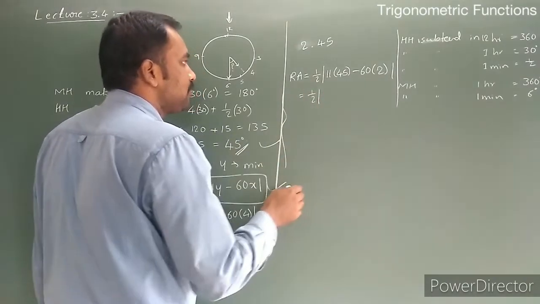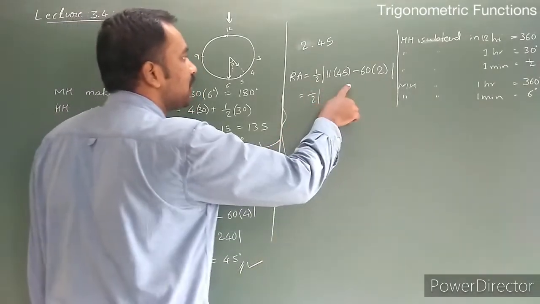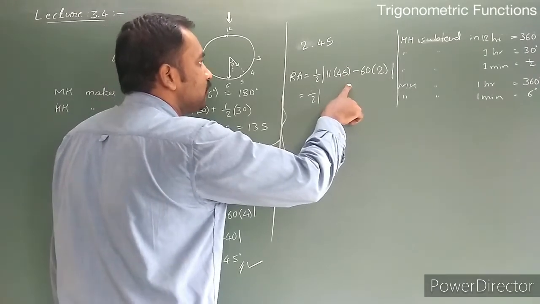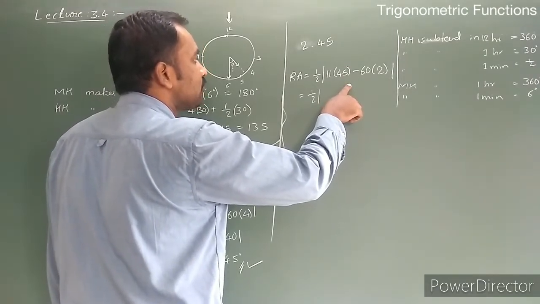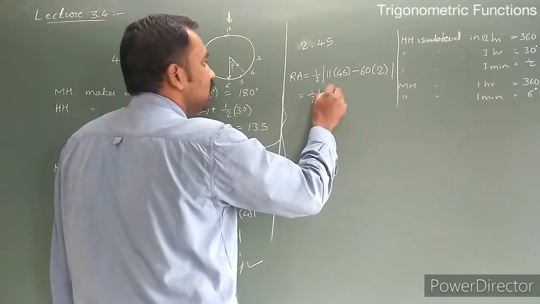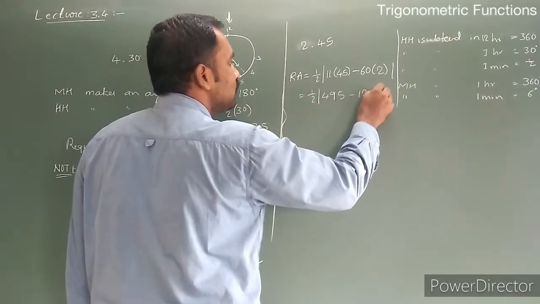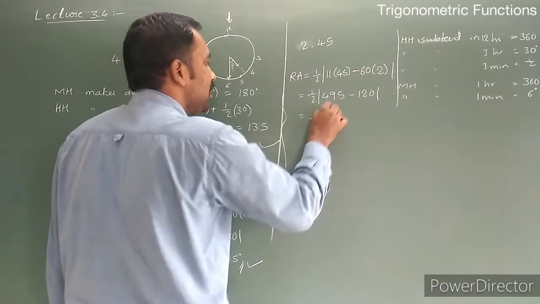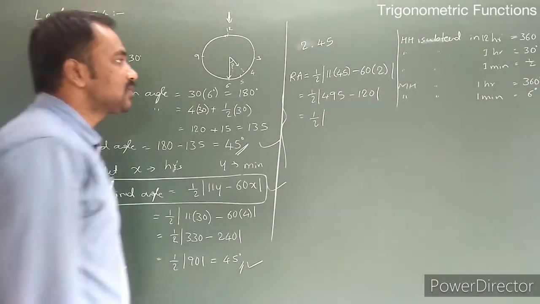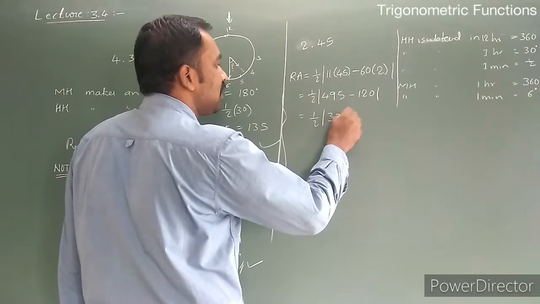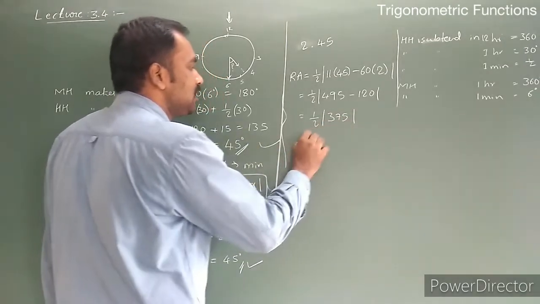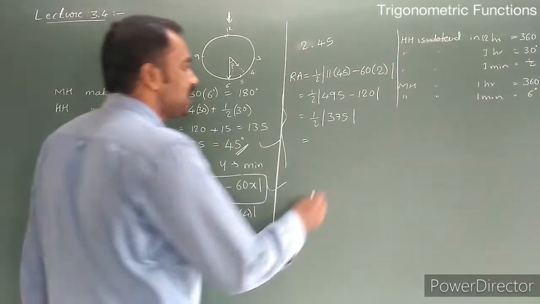So 11 into 45, how much? 11 into 45 is 450 plus 45, which is 495 minus 120. So 1 by 2 into 495 minus 120, that is 375 divided by 2.